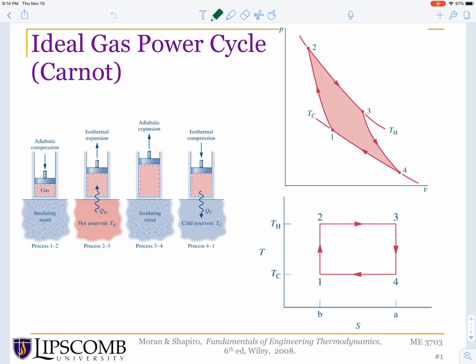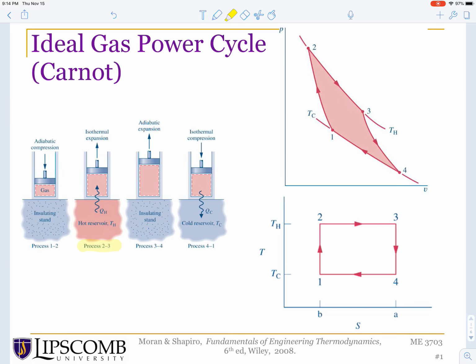So in this example, process 2 to 3 is our heat transfer process from our hot reservoir. On the TS diagram, it looks like a horizontal line, constant temperature. And on a PV diagram, the process follows the isotherm that represents that high temperature.